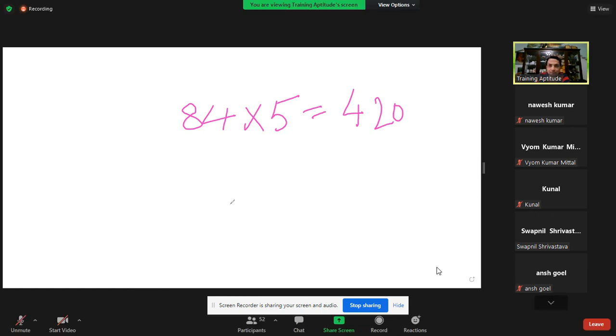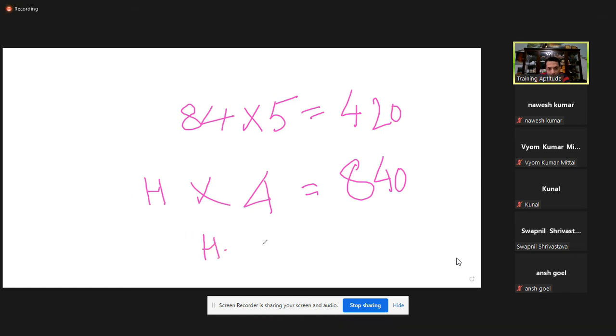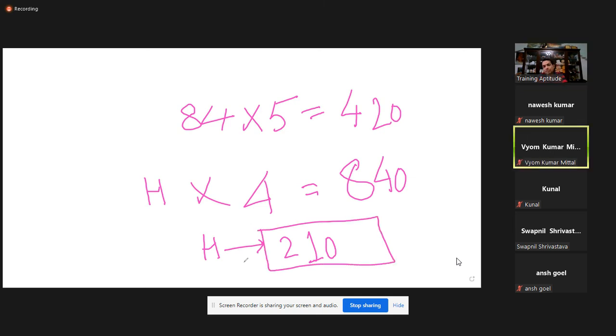Now Nitish is paying double, so he can do up to 840. The number of horses into 4 months should be 840, isn't it? So horses will become equal to 210, because he's paying 840.